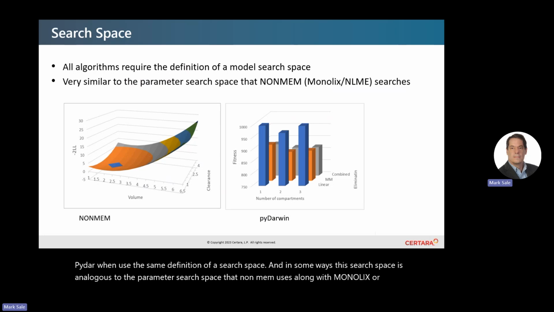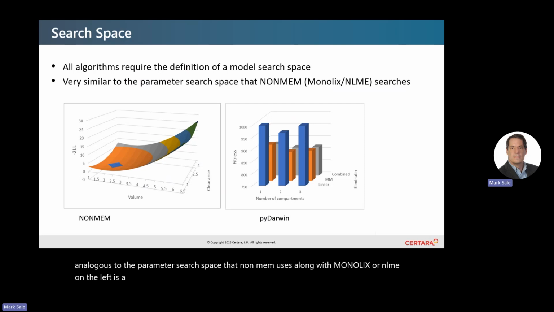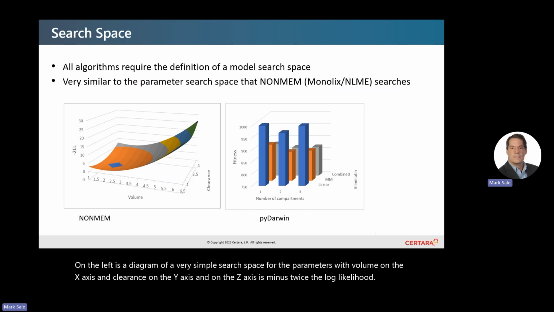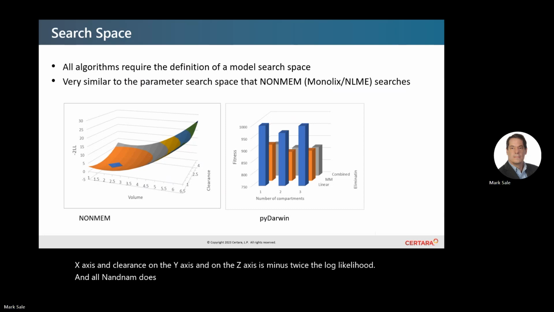On the left is a diagram of a very simple search space for the parameters, with volume on the x-axis and clearance on the y-axis. And on the z-axis is minus twice the log likelihood. And all NONMEM does is it searches for the optimal value of these two parameters, volume and clearance, that minimizes the value of minus twice the log likelihood.